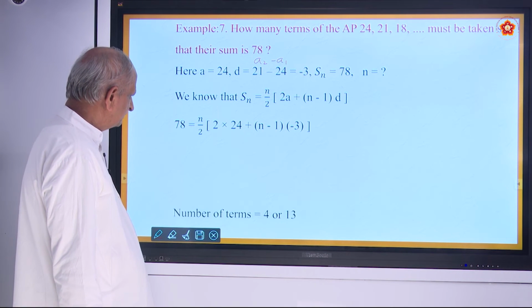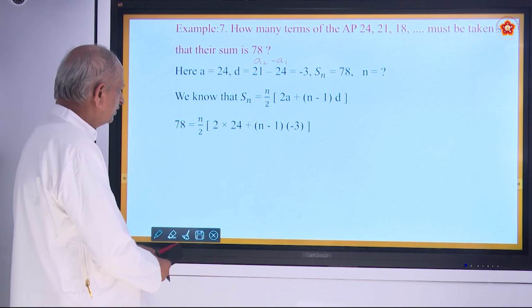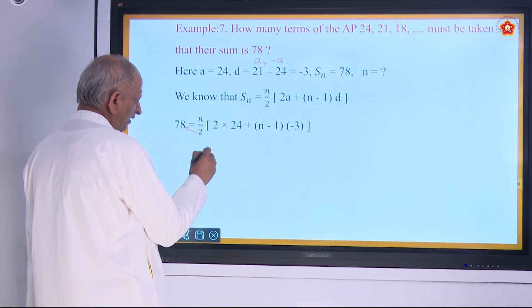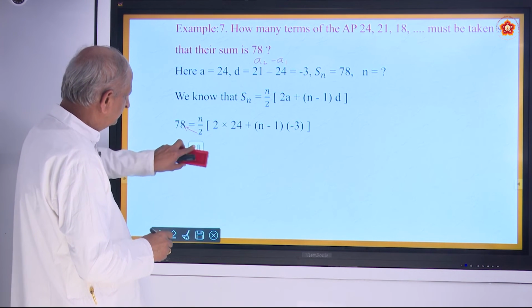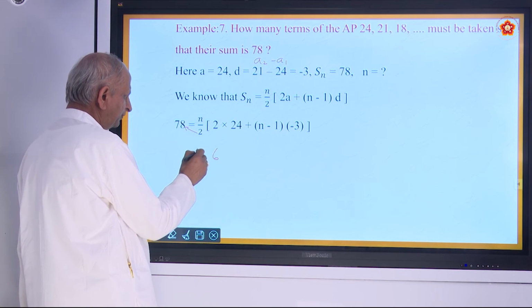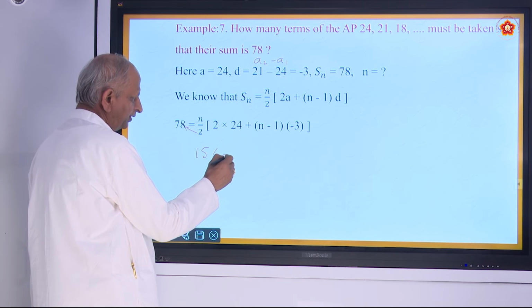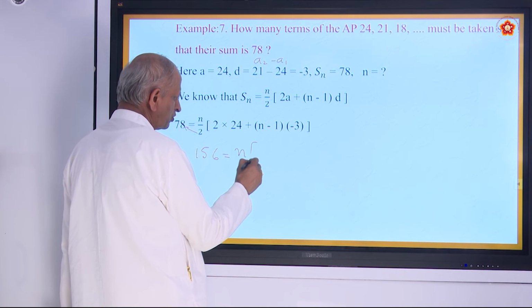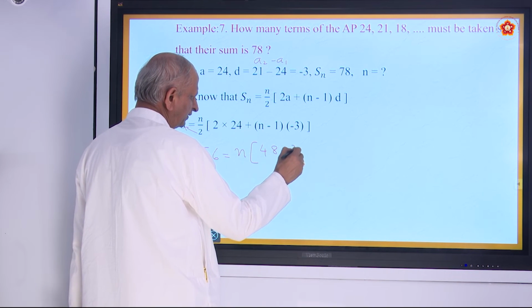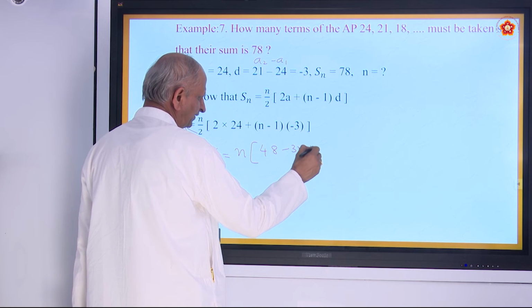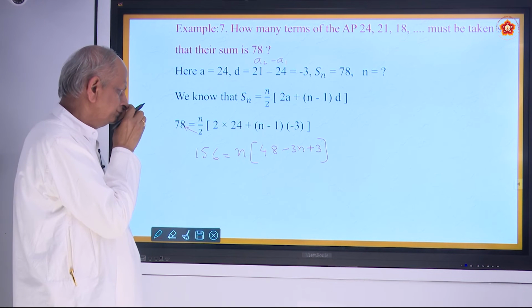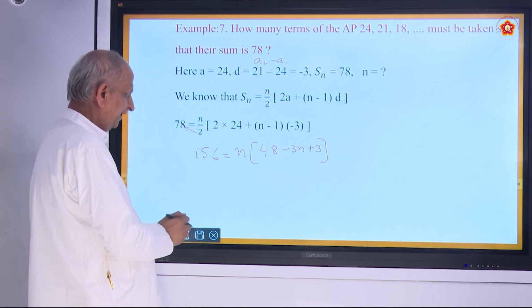So if we apply it, we will do one thing, bring this to this side. 2 8s are, 2 8s are how much? 16. 2 7s are 14 plus 1, 156 is equal to n into 48 minus 3n plus 3. Is it alright? Okay.